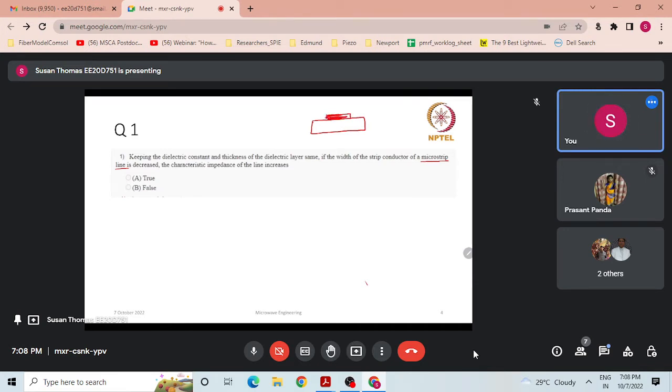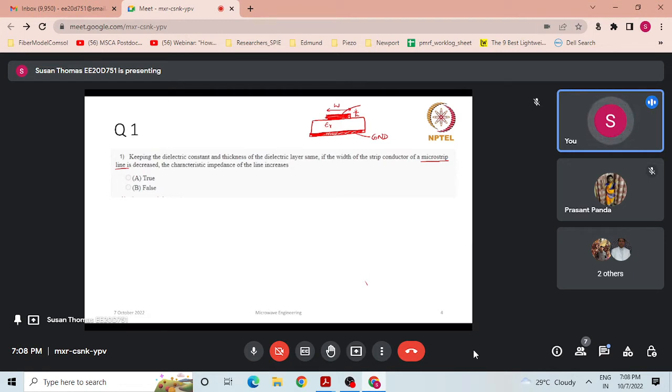Here you have a ground plane, and here you have the conductor, which has a width W and a thickness T. And this is a dielectric substrate. So this is the microstrip line.